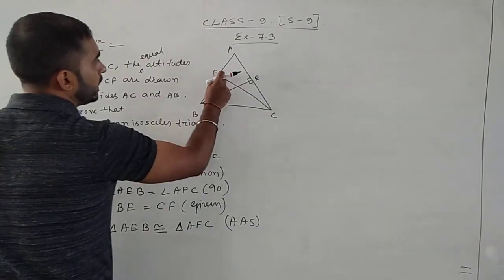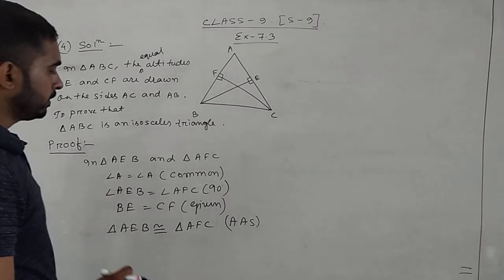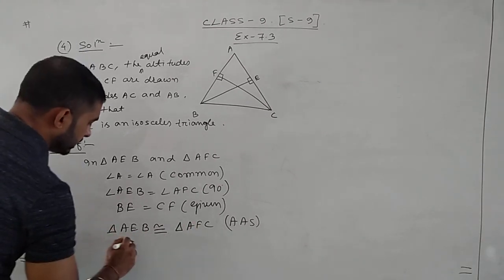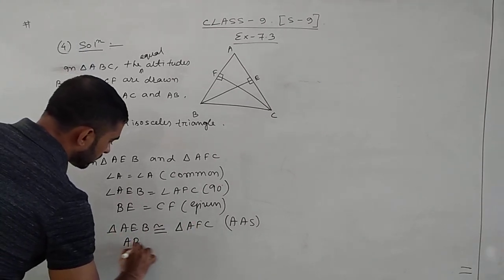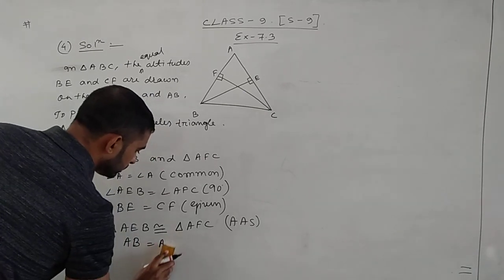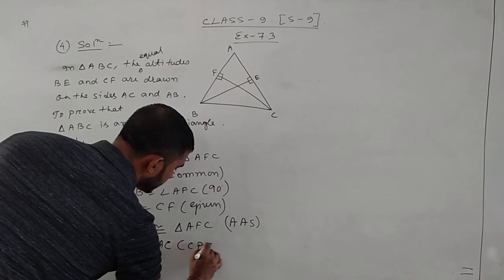So if triangle AEB is congruent to triangle AFC, then we can say AB equals AC, which is CPCT.